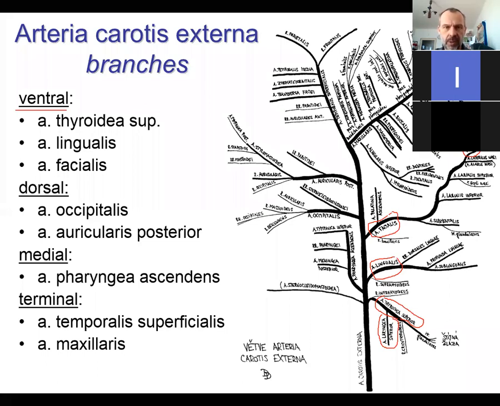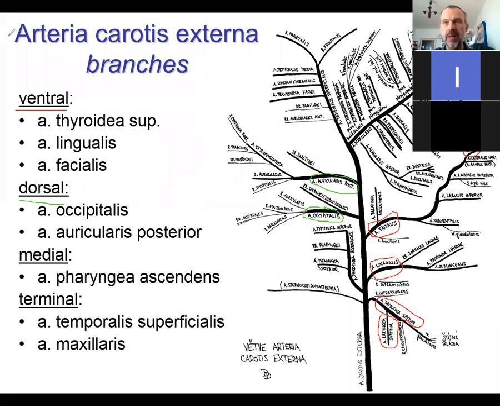Then we have dorsal arteries and dorsal branches. So what is dorsal? Dorsal is your nape of the neck and the occiput, yeah, and the ear. So dorsally, you have the occipital artery, and then we have the posterior auricular artery, yeah, supplying the ear.